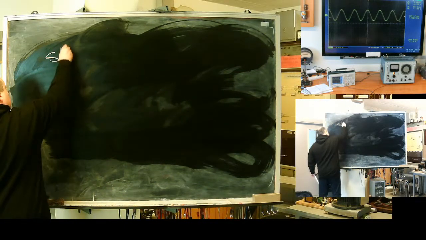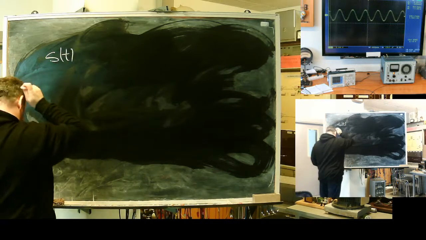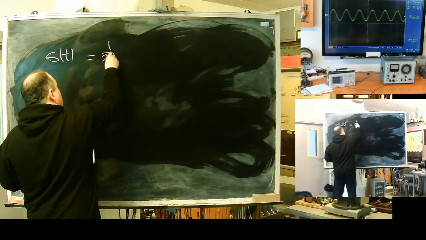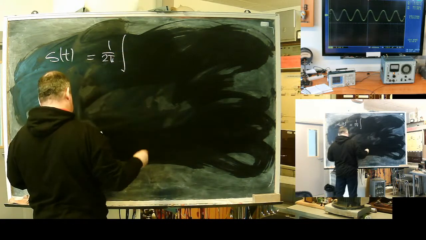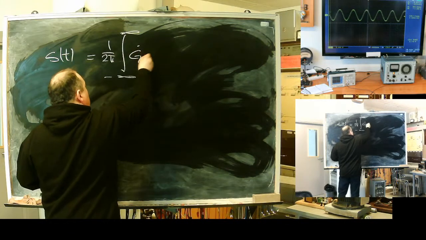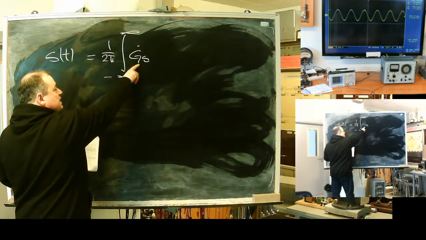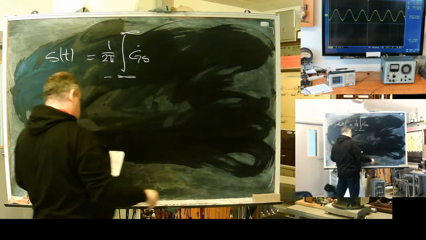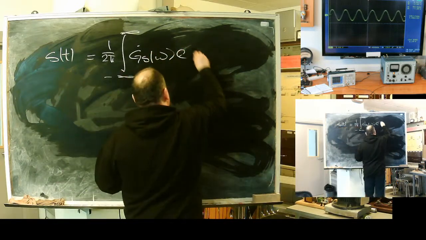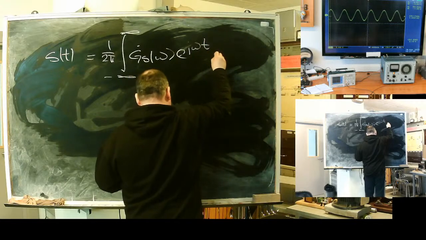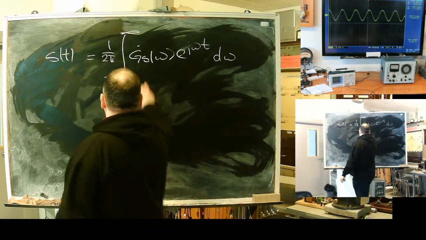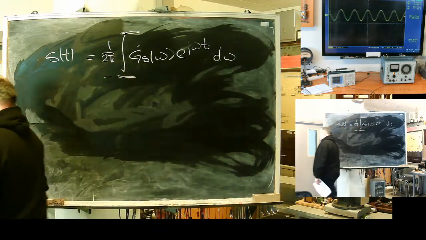For example, we have a signal which can be represented with the Fourier integral, from minus infinity to infinity, of the signal's spectral function times e to the power of j omega t, d omega. So we know the spectral function for this signal.